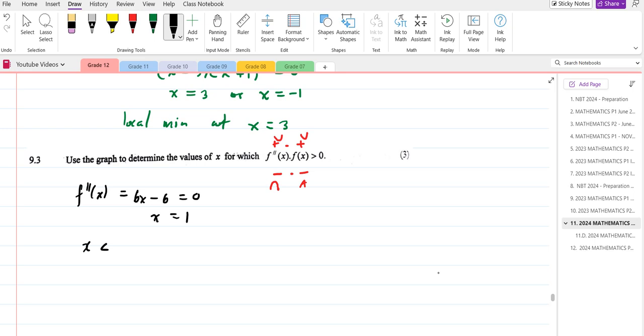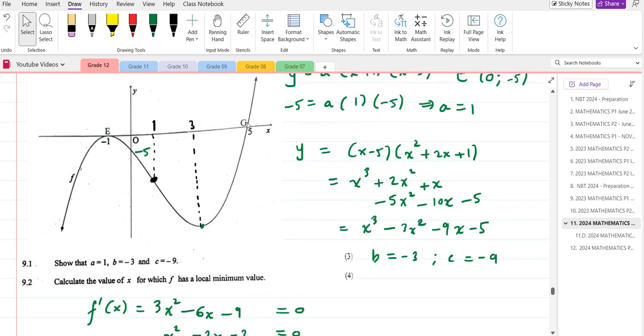X is less than minus 1, or x is between minus 1 and 1, or what about concave up and positive? Concave up and positive is all here above the x-axis, and concave up, so it's on this side. Remember, concave up and concave down, got to deal with this.